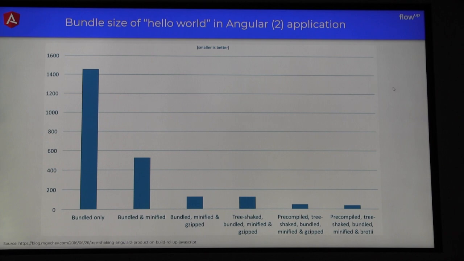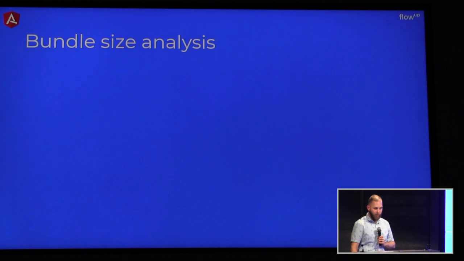What I wanted to show you is that if you only develop your application and don't care about anything else, versus doing all the optimizations that we are currently talking about, you can end up with the last one. You can compare the size. The behavior stays the same, but the size is that much smaller. So keep that in mind.